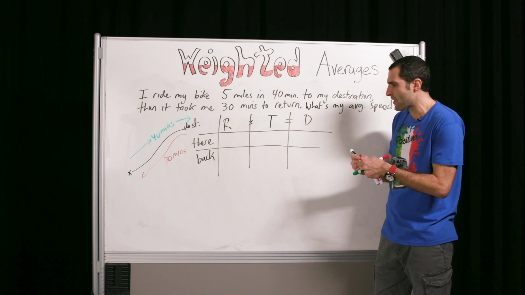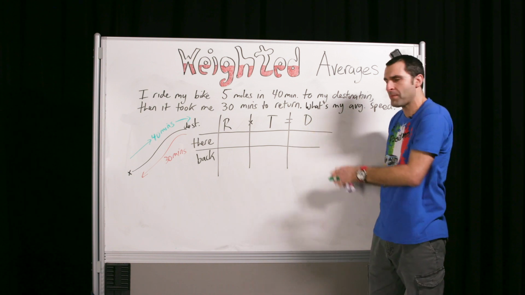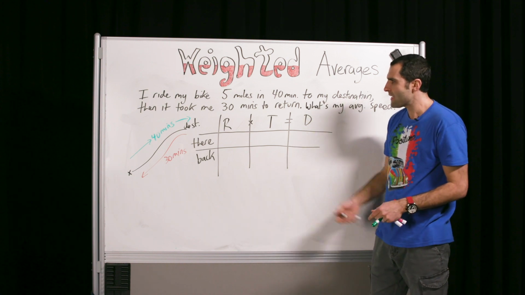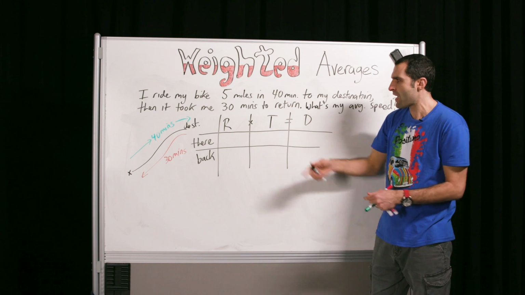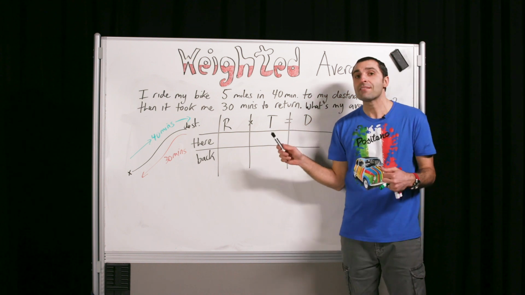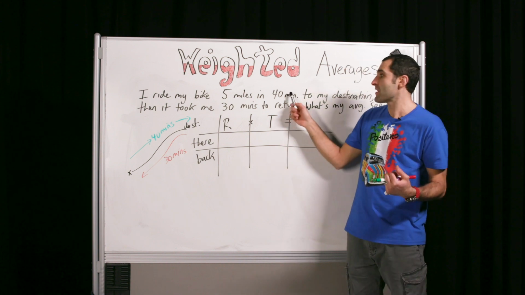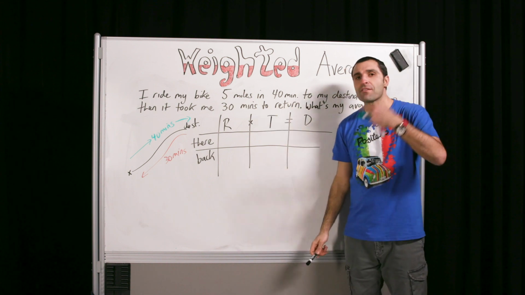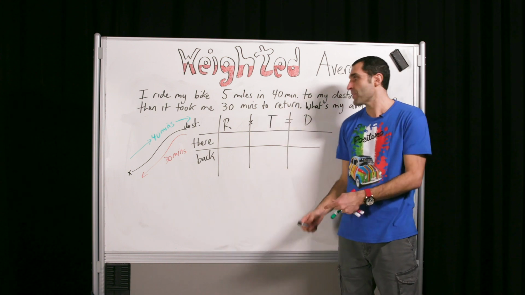The good thing about a chart is that you can just fill in one piece at a time. I don't really have the rate, but I do have the time. I'd like to put the time into hours, even though it says 40 minutes, because then we can make our speed miles per hour.